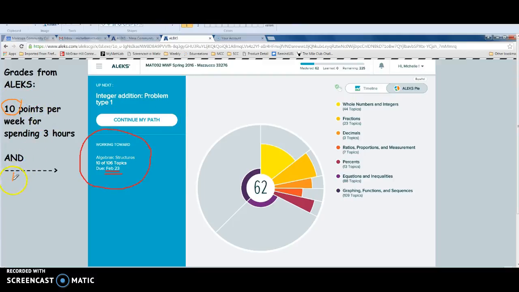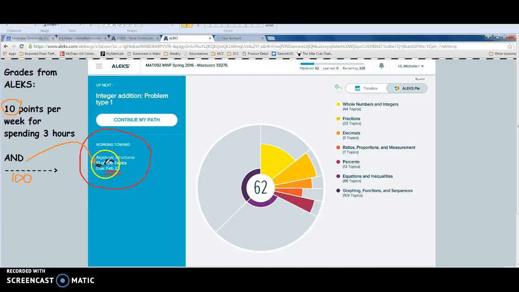Then you have 100 points that you're going to earn a grade from based on what percent of the problems are done. So this over here tells us that this student here has, based on the tests they took when they first started ALEKS, it's called an initial knowledge check, they only came into my class knowing 10 topics out of 106.